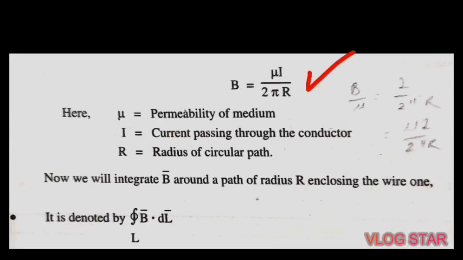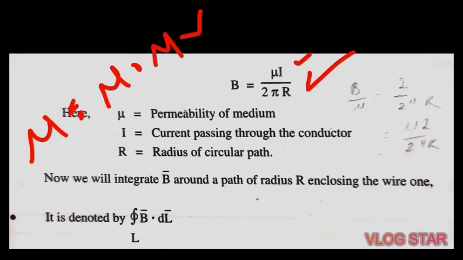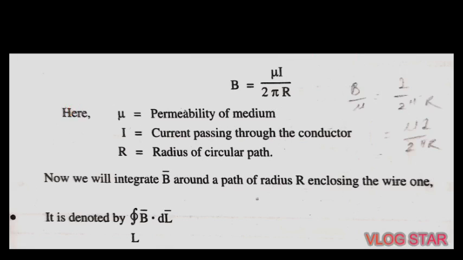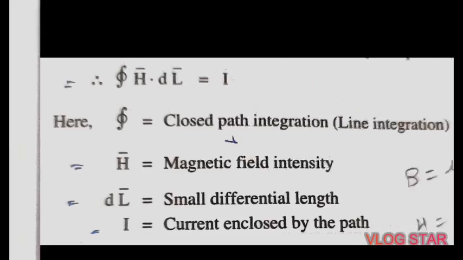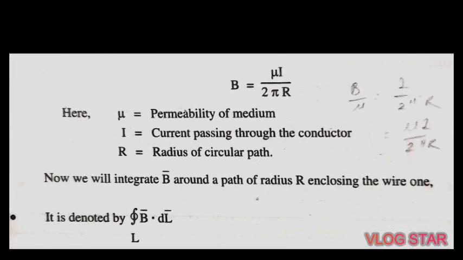Here mu is the permeability of the medium, which is also written as mu 0 into mu r. I is the current passing through that conductor, and r is the radius of the circular path.